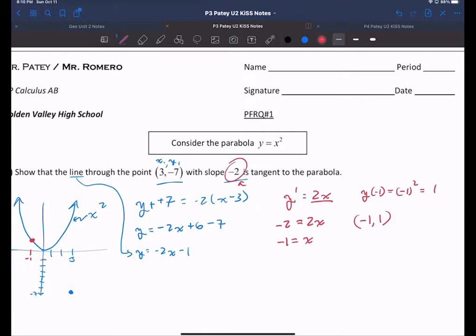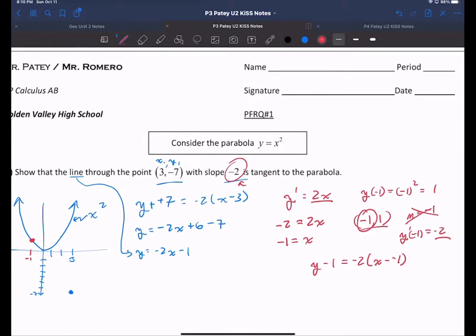So now we take our slope and our point and we write an equation. Our slope right now, I shouldn't write m equals -2, that's how you write it in algebra. Let's say y prime of -1 equals -2. So we have our slope and our point. Let's write the equation. So that would be y minus 1 equals -2, the slope, times x minus -1.